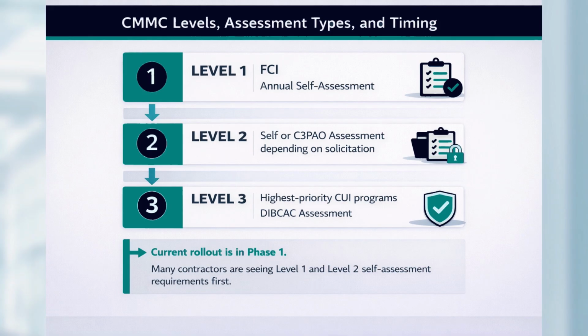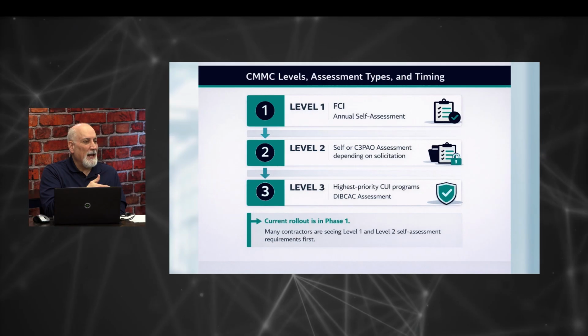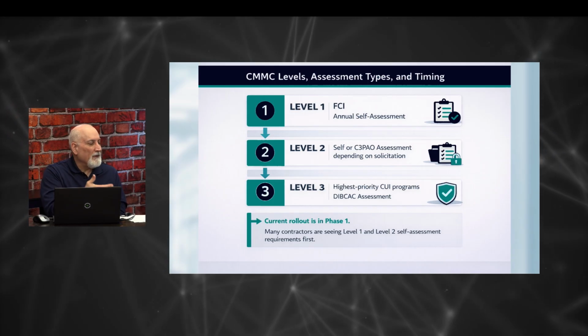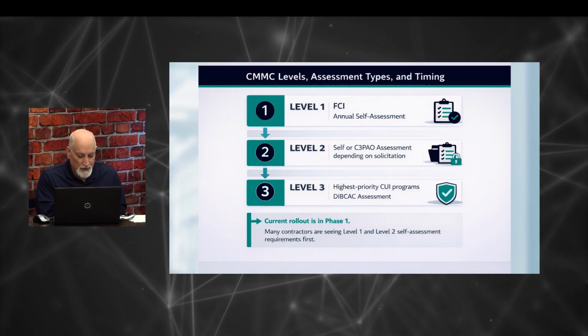They come out of the FAR 52 regulation. These are 17 requirements that come out of the NIST standard that defines level 2. They picked 17 of the basic protections and said, as a minimum, you have to implement these 17 protections.